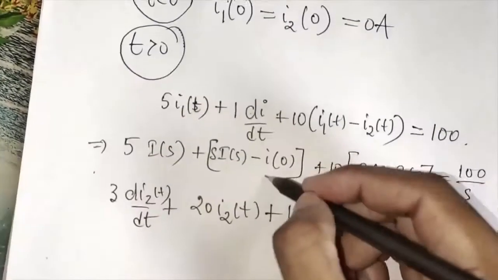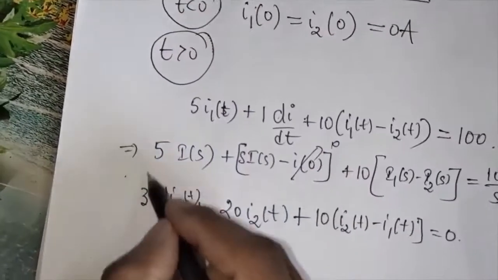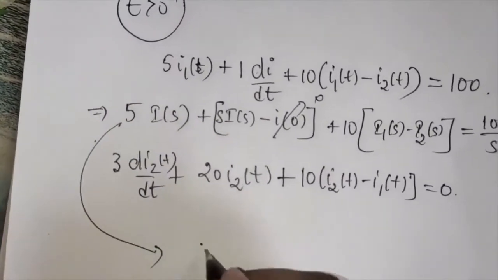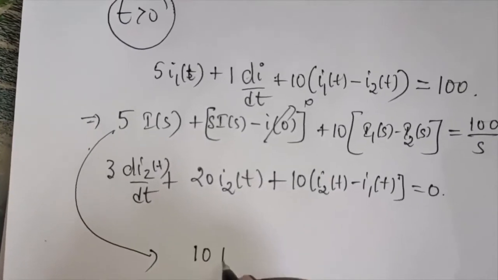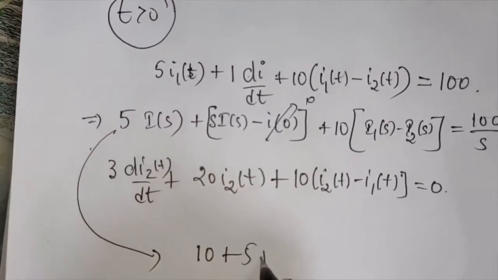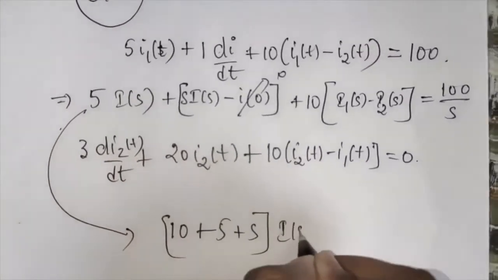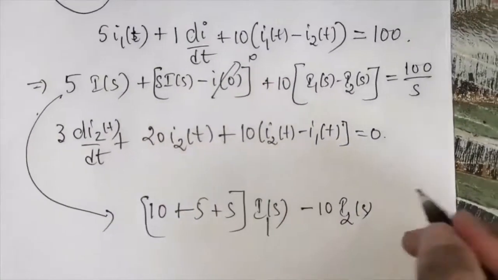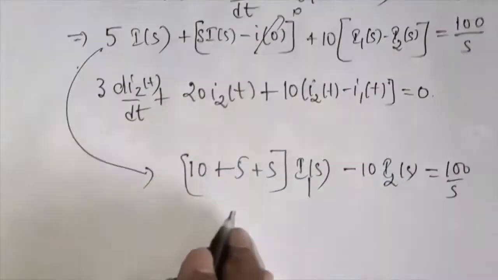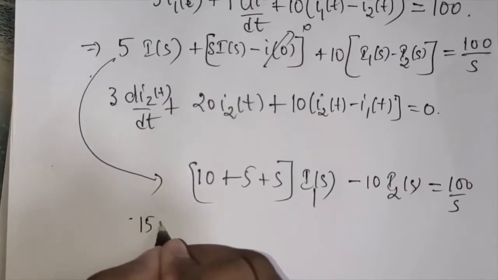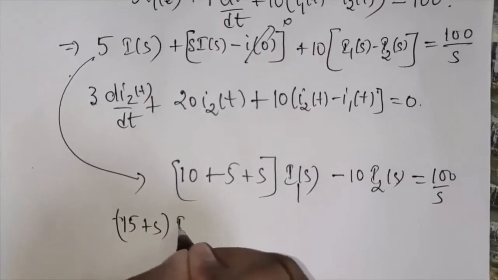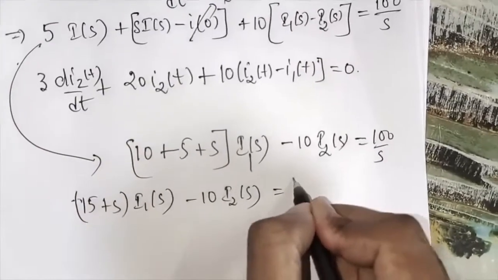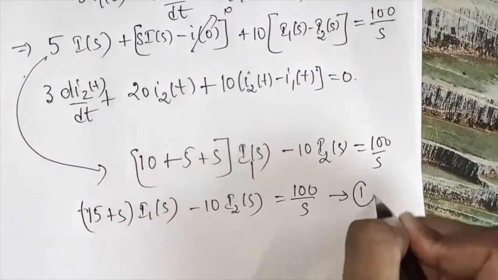When I simplify, it is 15 plus s into I1 of s minus 10 into I2 of s is equal to 100 by s. I'll consider this as equation 1.